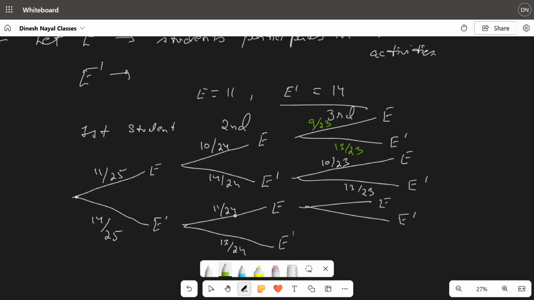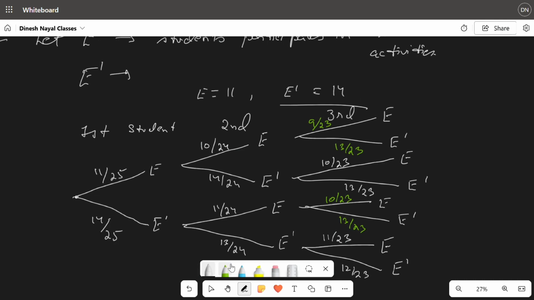One is selected, so this will be 10 by 23, and E is selected, so this will be the same, 13 by 23. Over here again E dash, E, and E dash. If 2 E dash are selected, this will be 11 by 23, but over here 2 E dash are selected, so total was 14, 12 by 23.